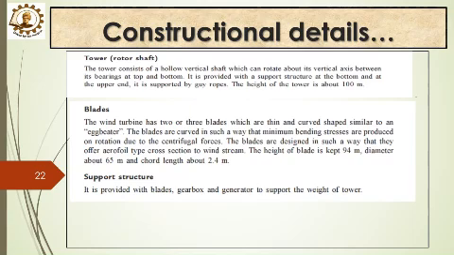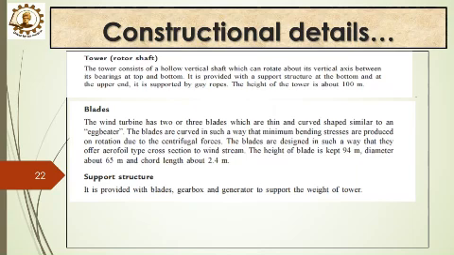Now the parts. First, the tower. The tower consists of a hollow vertical shaft which can rotate about its vertical axis between its bearings at the top and bottom. It is provided with a supportive structure, and there are guy ropes. The height of the tower is about 100 meters. Then the blades: the wind turbine has two or three blades which are thin and curved, similar to an egg beater, that is, a beater that we use.